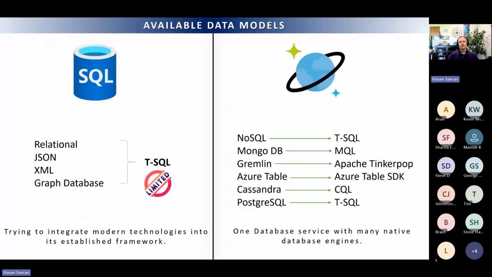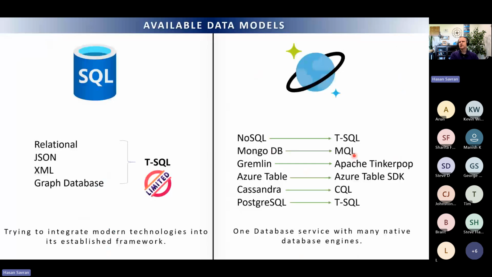Other than the NoSQL API, there's MongoDB, Gremlin, Azure Table, Cassandra, and also PostgreSQL available in Cosmos DB. Each of these data models uses its own native language. For example, with MongoDB, you are going to query with MQL.